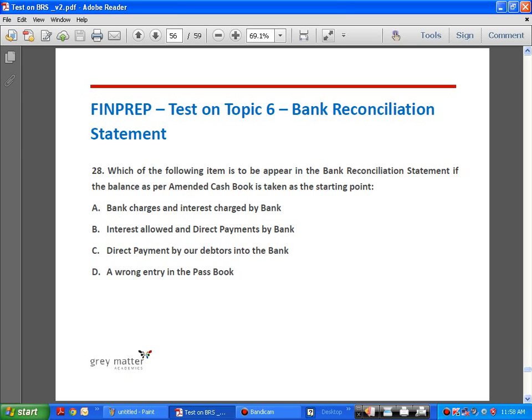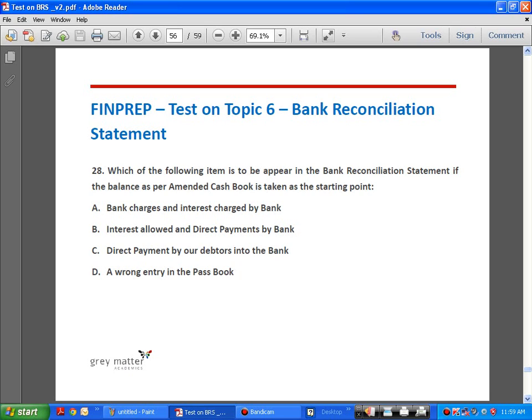Next, which of the following items is to appear in the BRS if the balance as per amended cash book is taken as a starting point? Here we are preparing a BRS and we are starting with the amended cash book balance. Option A, bank charges and interest charged by the bank. No, this we would have already taken into account when we calculate the amended cash book balance.